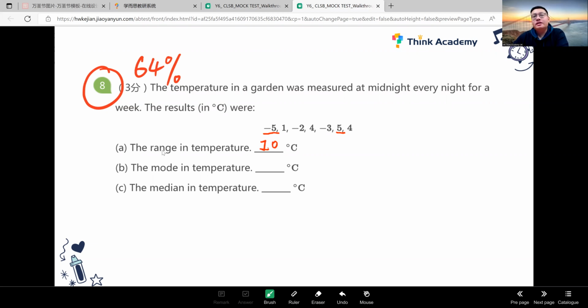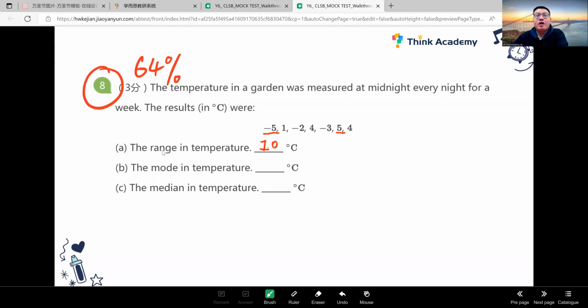And the mode in temperature, what does that mean? What is mode? In a series of numbers, what is the mode? Mode means the most frequent. Yes, the mode means in a series of numbers, the one which appears or repeats most frequently.